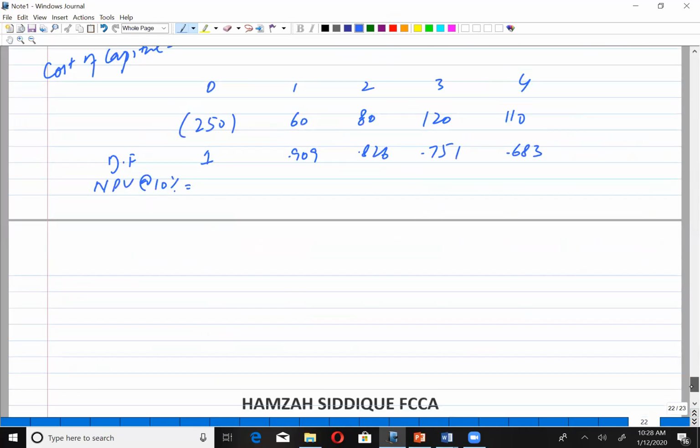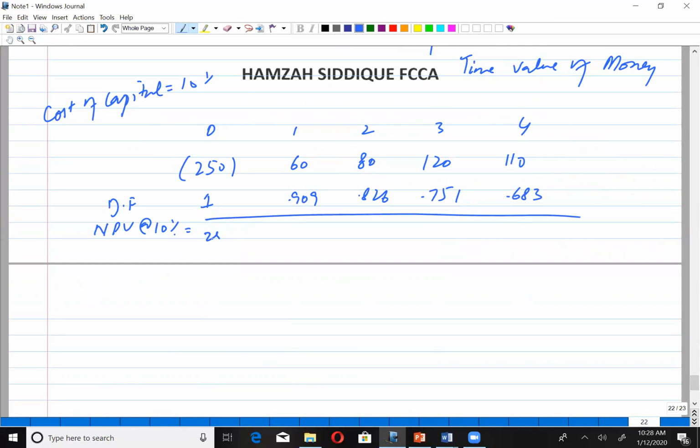NPV at 10%. First of all, we will calculate the present values. 250 negative. 60 cross 0.909 is 54.54. 80 cross 0.826 is 66. 120 cross 0.751 is 90, rounded off; I make it 55 for our ease.